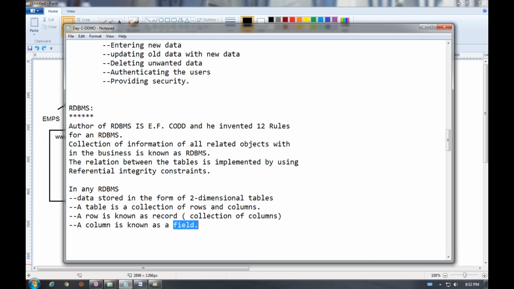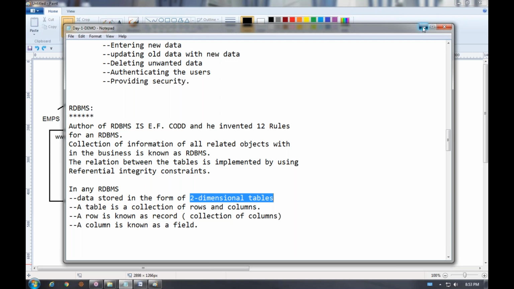So we understand what DBMS is. Now I want to know what RDBMS is. Relational Database Management System. Just now I touched on the first point: information is saved in the form of tables.